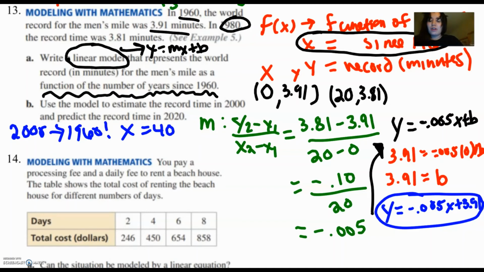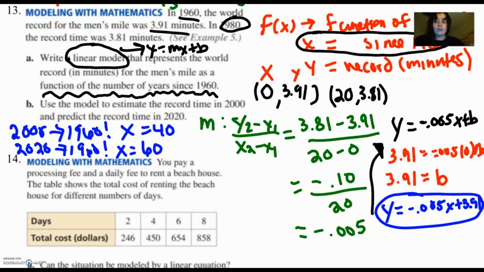And then to predict our record time in 2020, that would be an additional 20 years. So since 1960, x would equal 40 plus 20, 60 years.